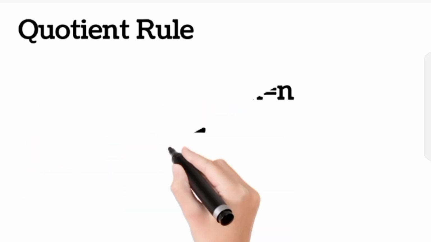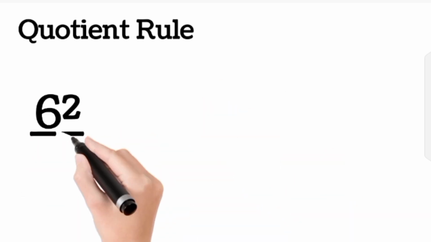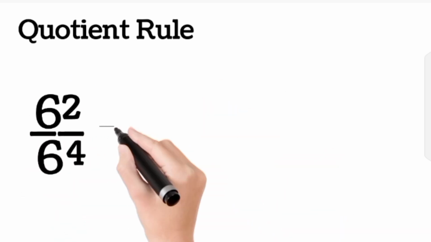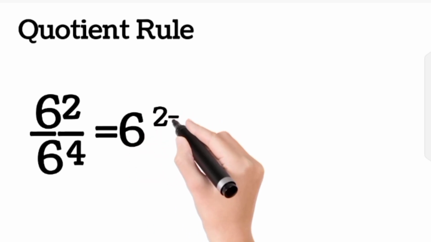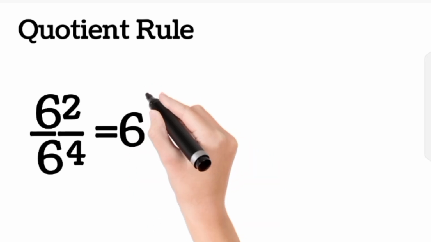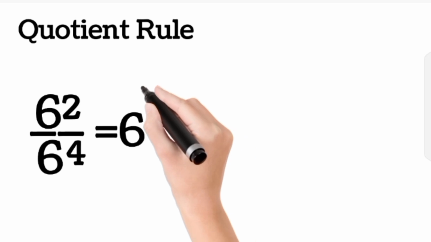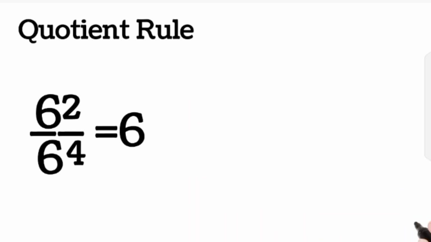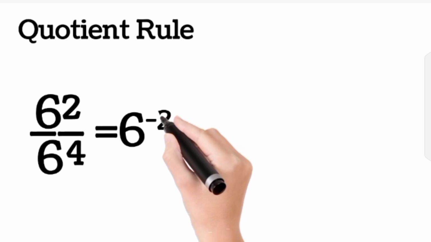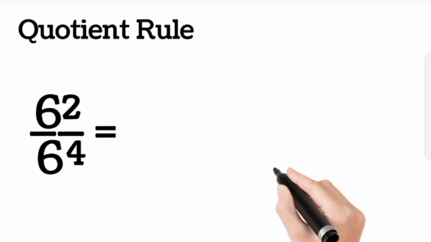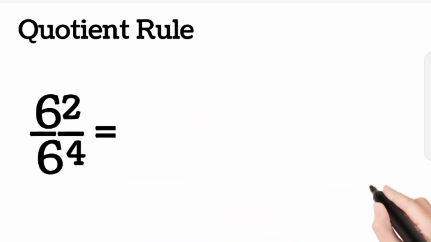For example, we have 6 squared over 6 to the power 4, which equals 6 to the power 2 minus 4, which equals 6 to the power negative 2. And any negative exponent goes in the denominator.